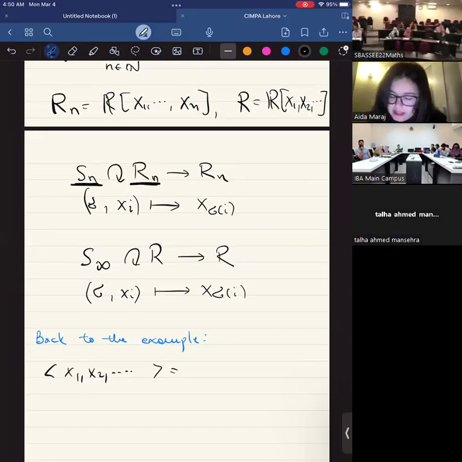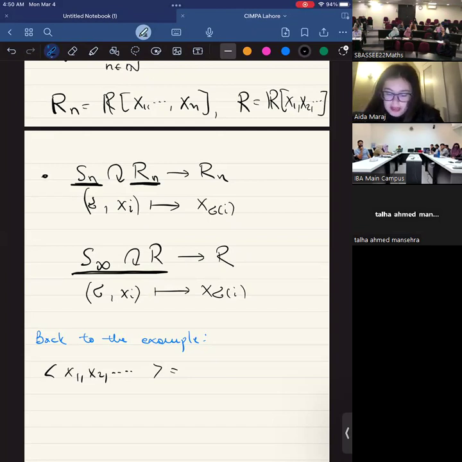At this moment this is all fine because Rn will have indices at most n, and Sn will permute 1 through n. And here, it accepts all the variables, and this permutes all the variables, so we never leave the space.